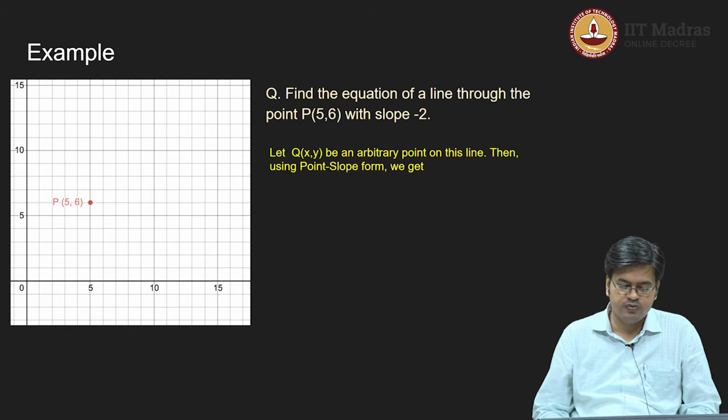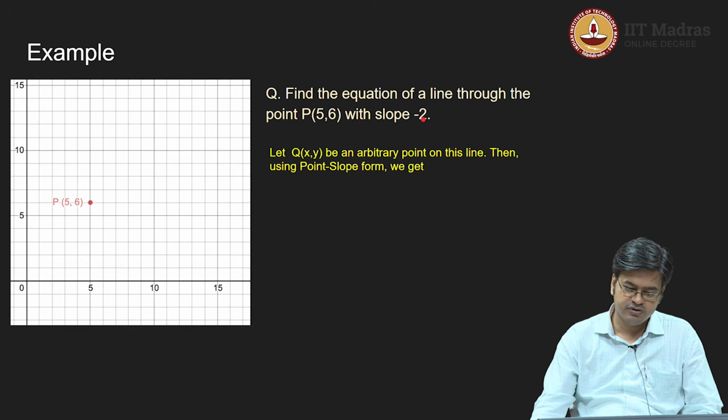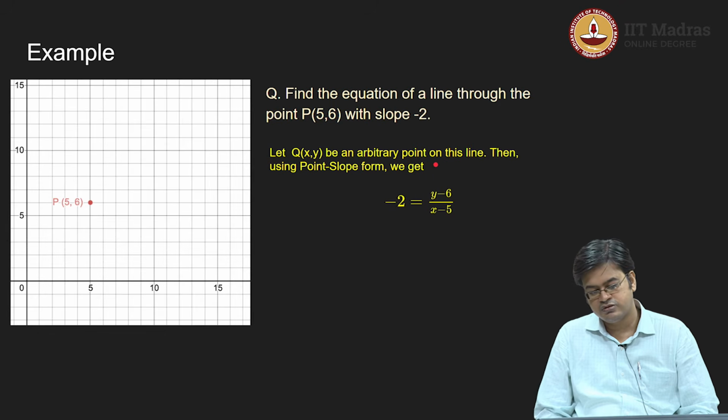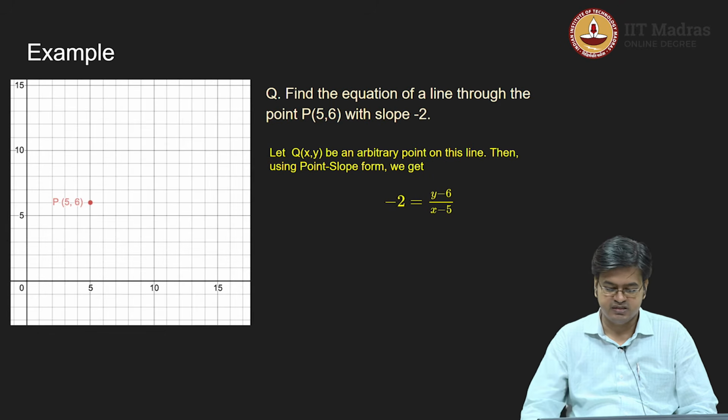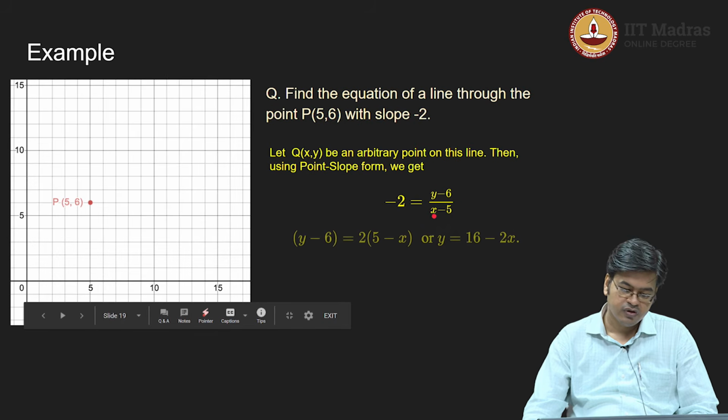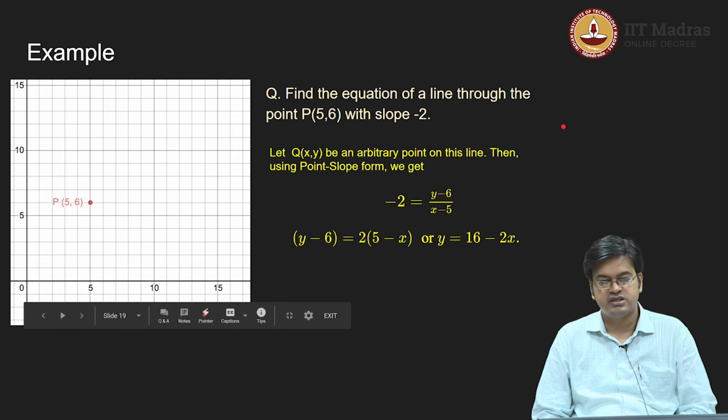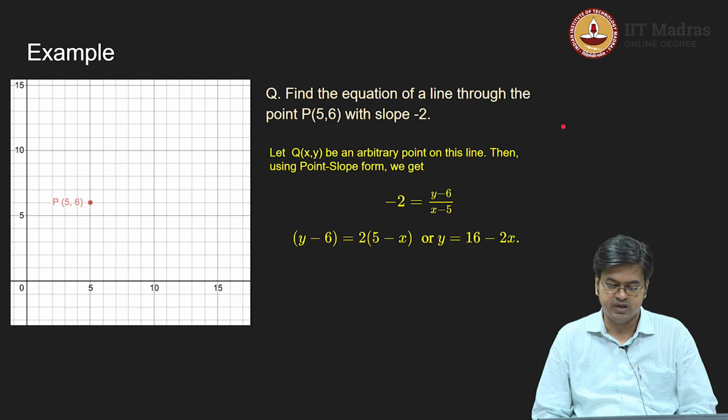Then using the point slope formula, we simply substitute minus 2 is equal to, so change in y will be y minus 6 upon x minus 5. Slightly rearrange the terms. What you will get is y minus 6 is equal to 2 times (5 minus x). If you simplify this, you will get the expression y is equal to 16 minus 2x.